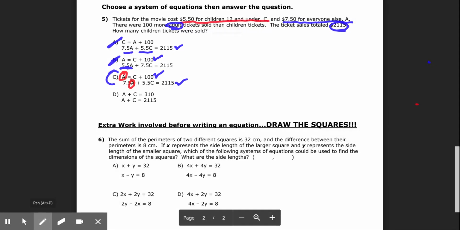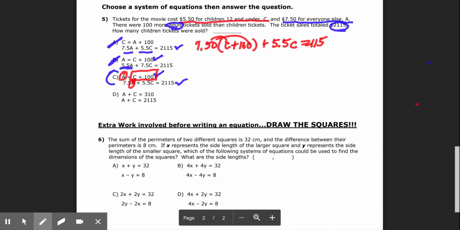And we're going to take this C plus 100 and put it right here in place of A. So it's going to look like 750 times the quantity, in place of A, we're going to put C plus 100, plus 5.5C equals 2115.